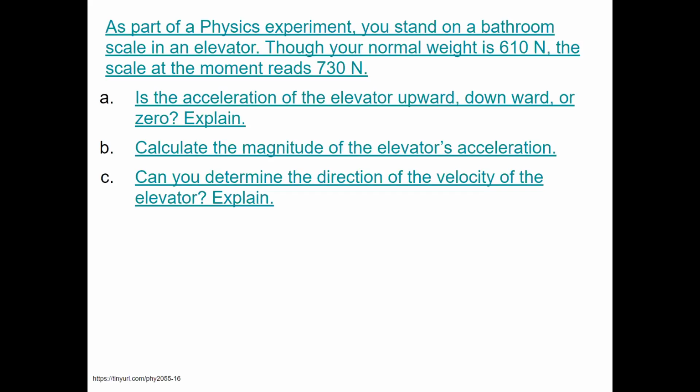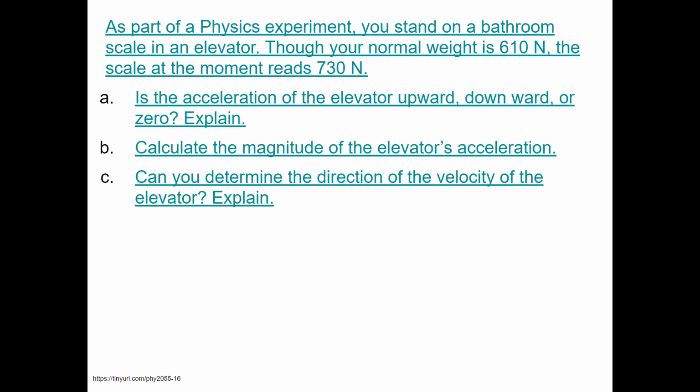If it's accelerating, then the weight showing on the scale is probably different. That's your apparent weight. It says normally your weight is 610 newtons. Now, when you are in the elevator that is moving, the scale says 730 newtons. So what would be the acceleration of the elevator?